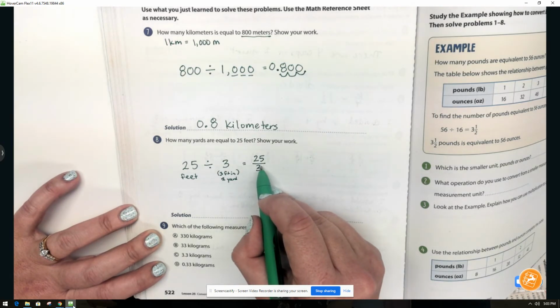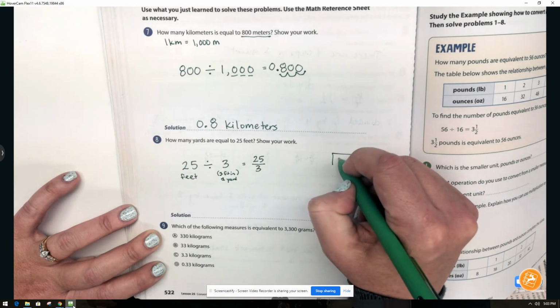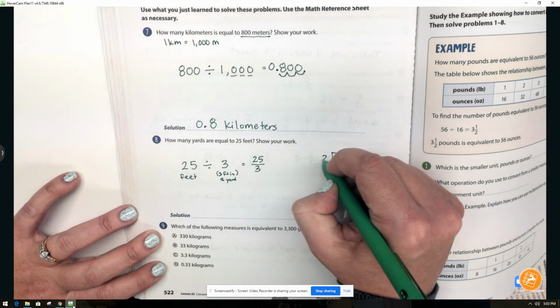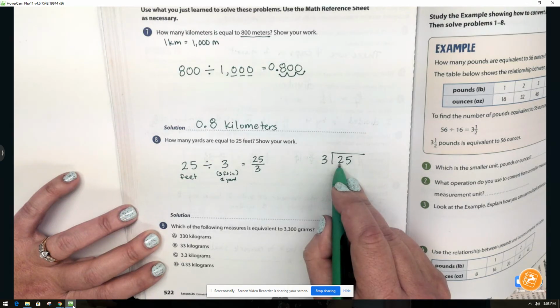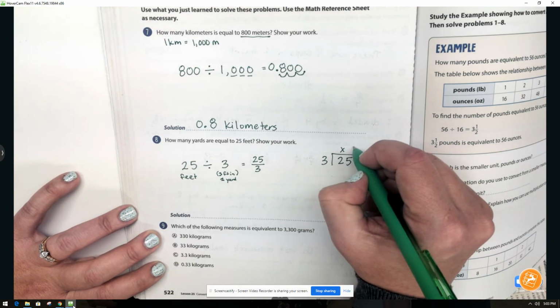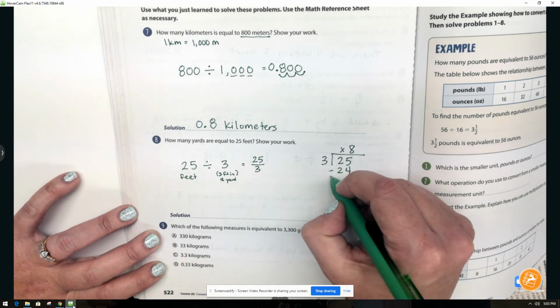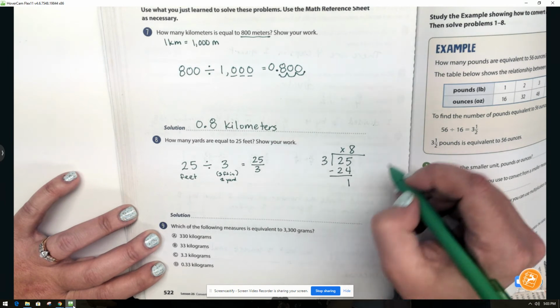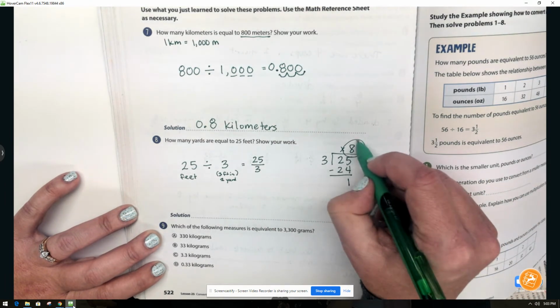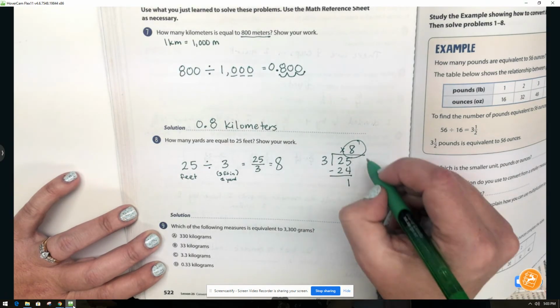Now I'm going to go ahead and use long division. If we have 25 and 3, 3 cannot go into 2, so we'll cross that out. 3 goes into 25, 8 times. 3 times 8 is 24. Then we subtract. So remember, this 8 is our whole number.